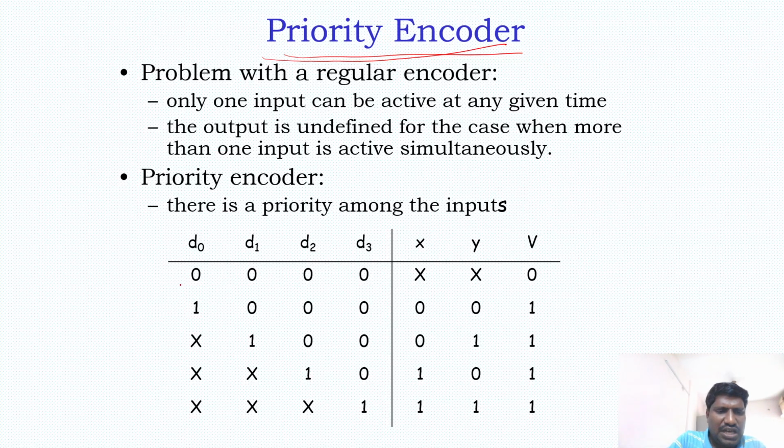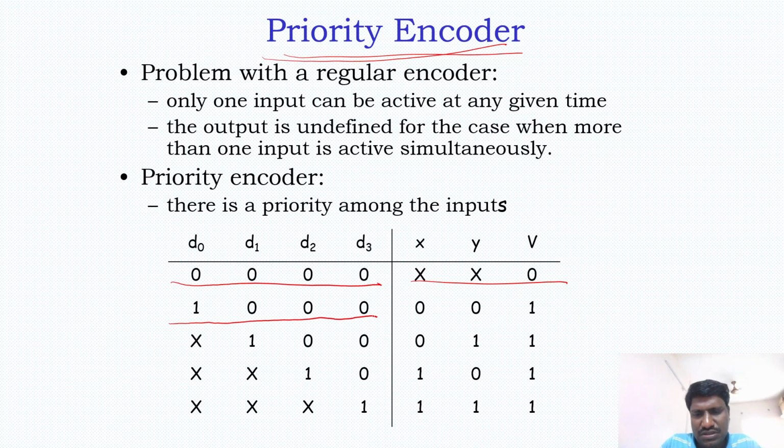Yes, we have an issue when all inputs are 0, outputs are 0. When D0 is 1 and the rest of the inputs are 0, then also we are getting outputs 0. Now we are trying to discriminate these two by having a valid bit V, saying that the output is valid or invalid.